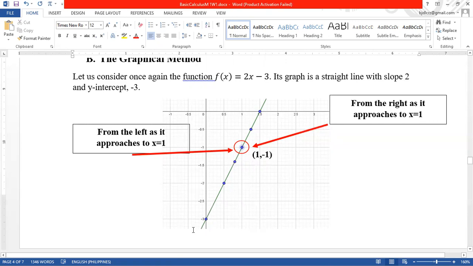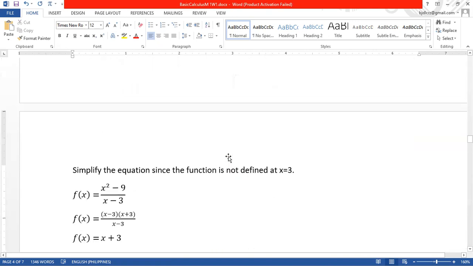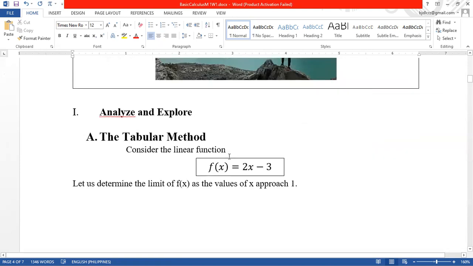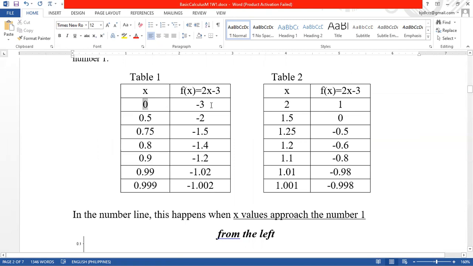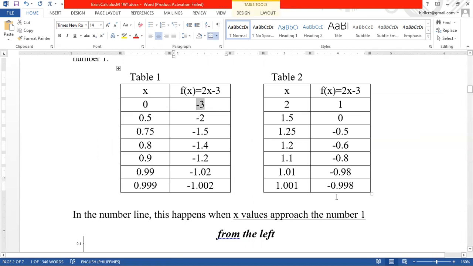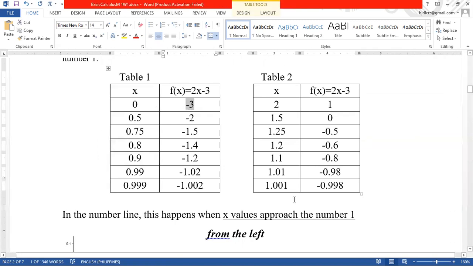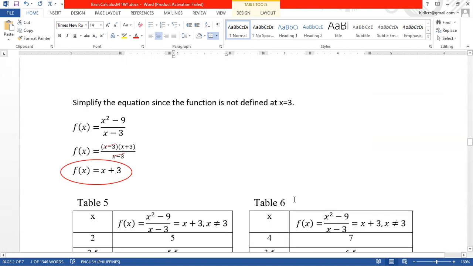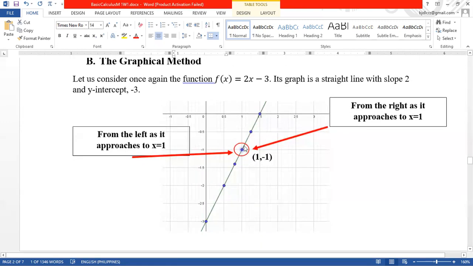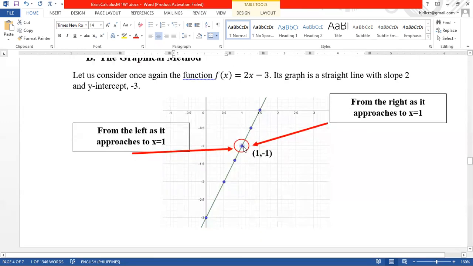So di ba, from the left, i-graph na to siya, na naman tayo answer diri sa atong table of values niya. Diri sa taas, di ba? Kani, i-graph na to si x, si y, xy na sila, super point i-graph ninyo. So makita na to diri nga pa-approach siya sa 1 nga x. Ni approach lang siya diha nga part.